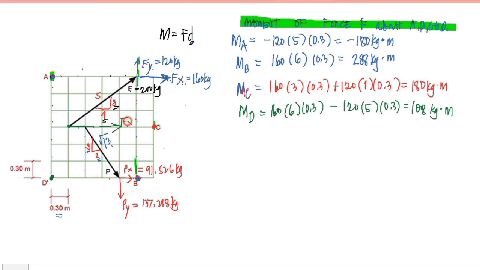So this would be Fx equal to 160 kilogram, and this is Fy equal to 120 kilogram. So, we will compute again the moment at A, B, C, and D.